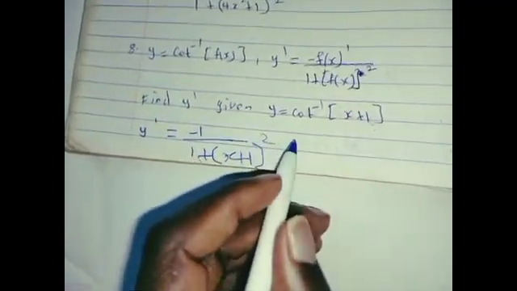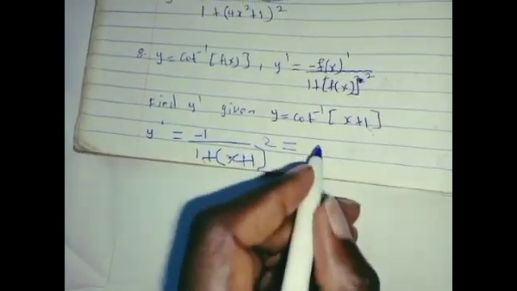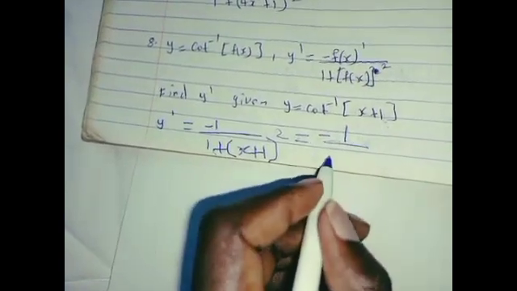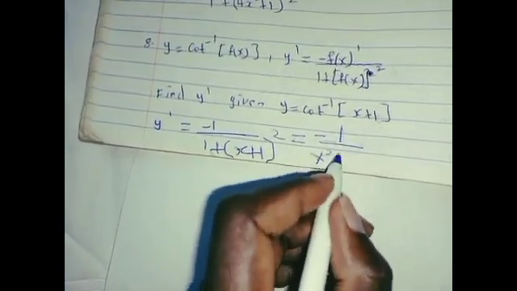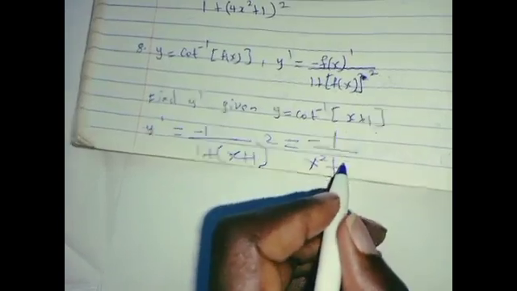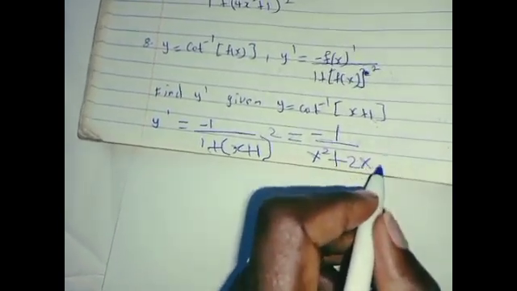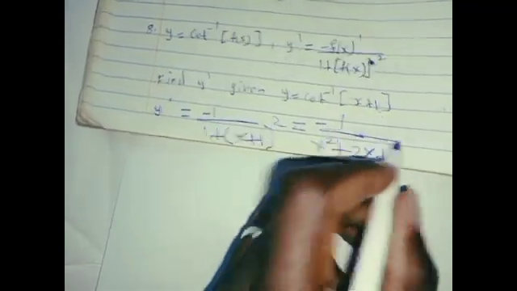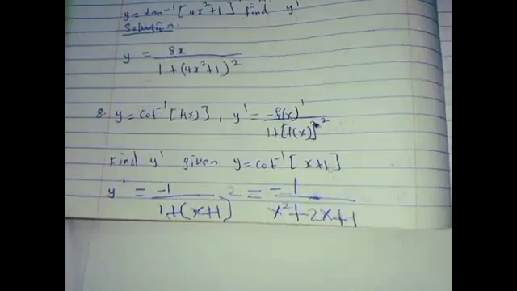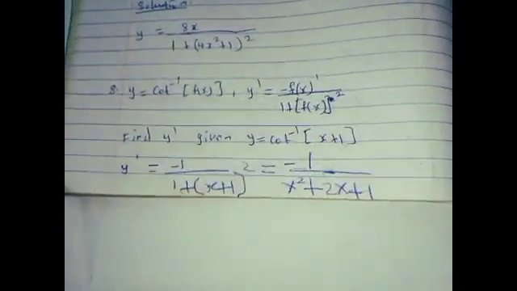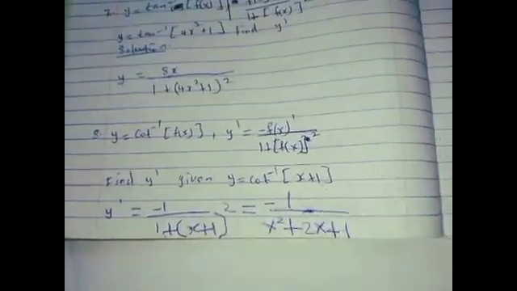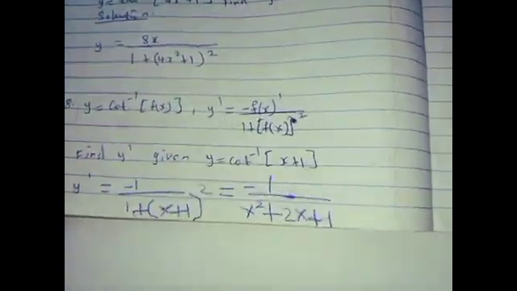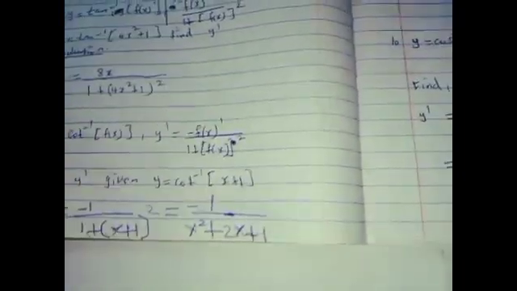So that is the result, which you can simplify to get negative 1 divided by x squared plus 2x plus 1. That is what you get after differentiating that function. So you just follow the rule and the work becomes easier for you.